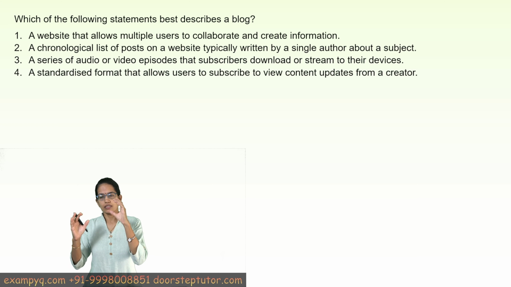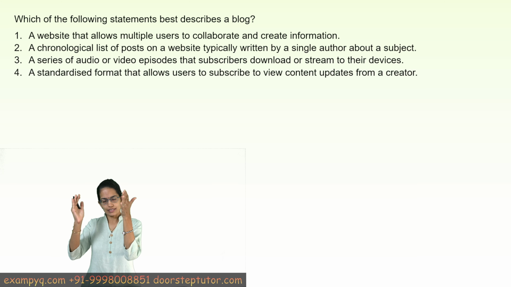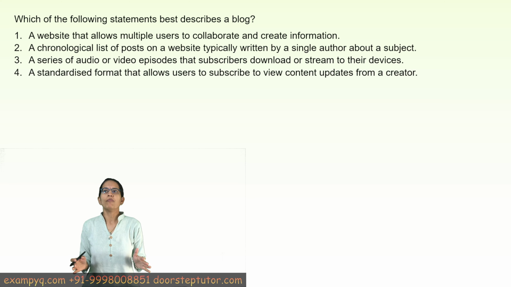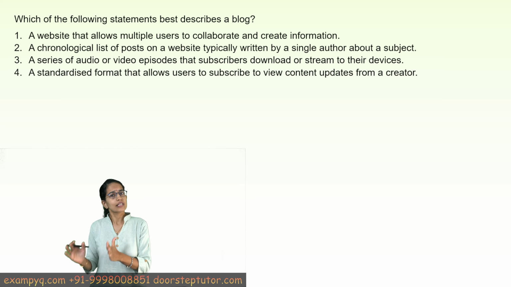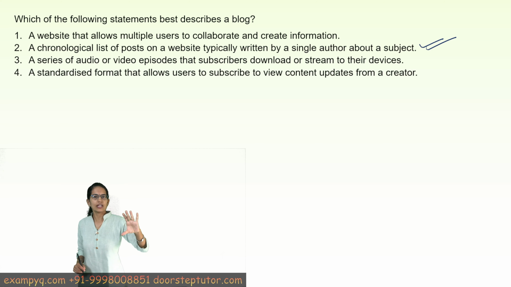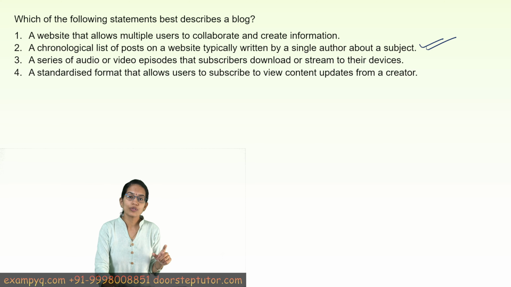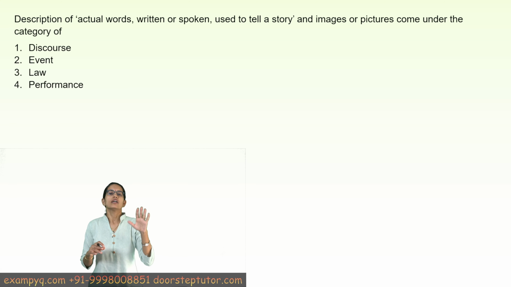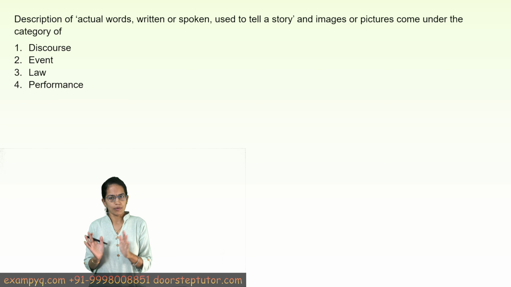So these are a series of posts, and it's maintained in a form by a single author on a relatively single subject, and therefore this would be the correct answer. Now all these terms are available in the postal code, so if you go onto the table that we have put, you would find all this and you have to simply memorize and remember those.